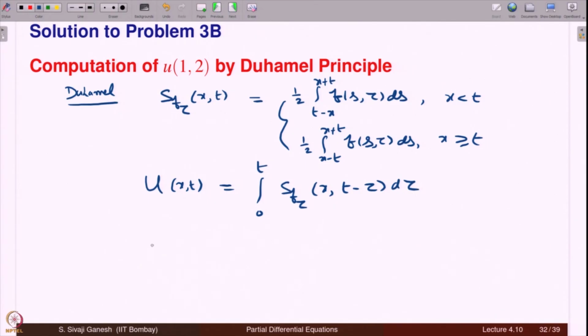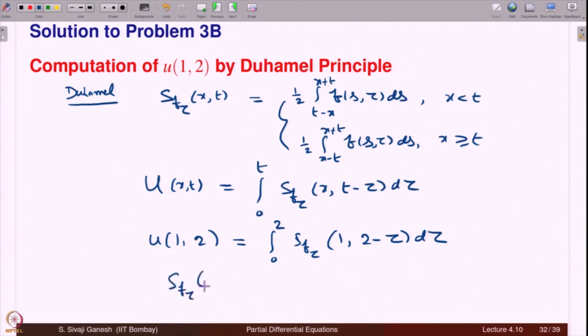And what we want to compute is u of 1 comma 2, that is what we are asked to find. So, therefore, t equal to 2, integral 0 to 2, S f tau, x equal to 1, t equal to 2. So, that is what it is. What is S f tau of 1 comma 2 minus tau? You can substitute and get that formula.